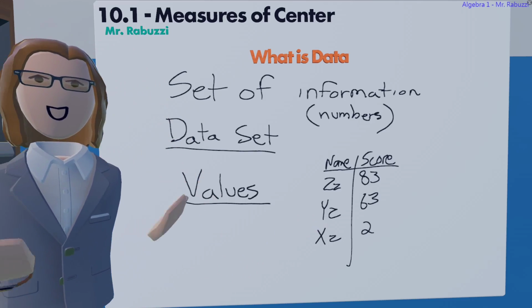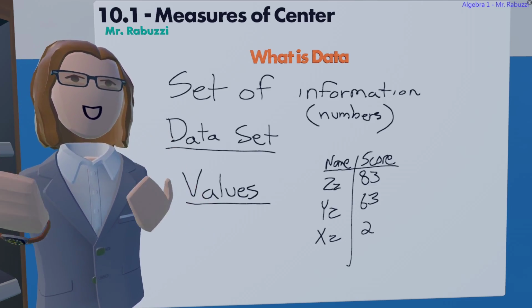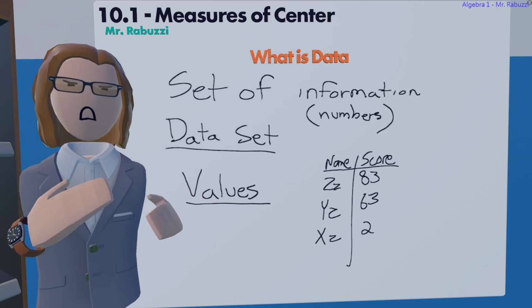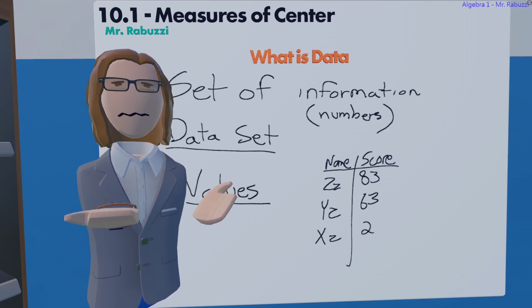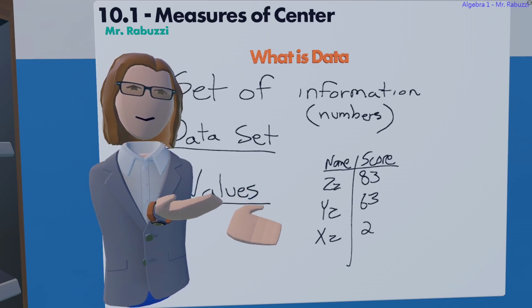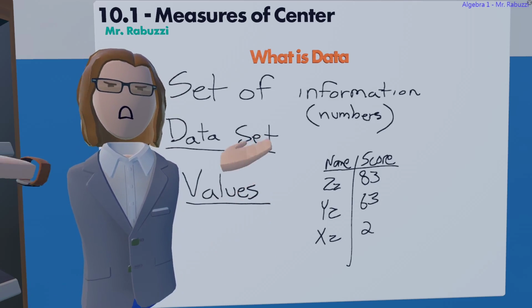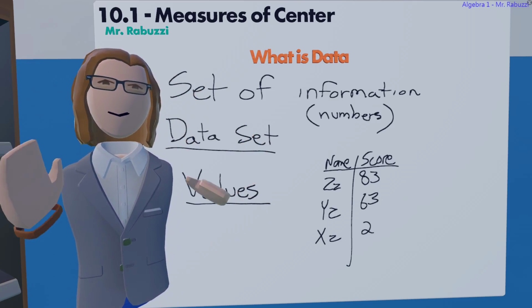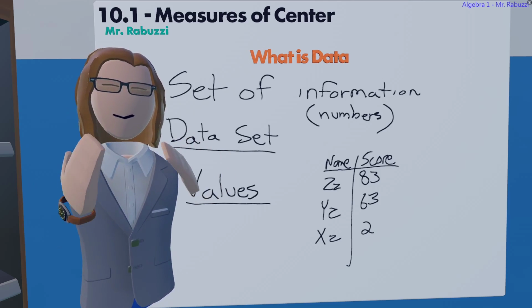But when we have big groups of numbers like this, it's hard to understand what it means, right? If I get test scores and I just list all the test scores, it doesn't really tell me how much the class is learning, who's doing better, who's doing worse. Is the class learning more now? I don't know. But there are ways that we can figure out what the data really means.